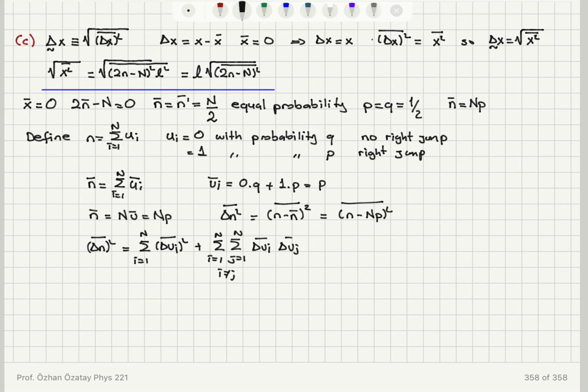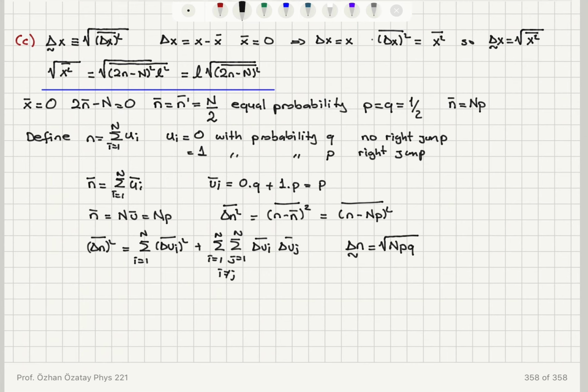So we have done this calculation explicitly in the lecture, and we have found the result for this calculation was that delta n tilde was equal to square root NPQ. So you can go back to the lecture on the ideal spin system where we have done this calculation, and you will find that where n bar is Np, delta n tilde is square root NPQ.